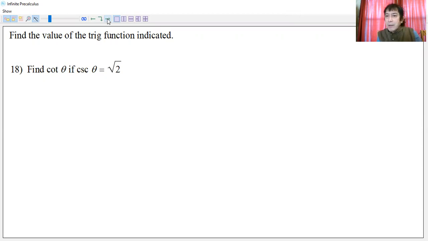Cosecant of theta is hypotenuse over opposite side. Now, if your hypotenuse is square root of 2, the legs are 1 unit. That's from the special triangle, the 45, 45 triangle, if you still remember it from the first lesson. This is the square root of 2, and this is the right angle.